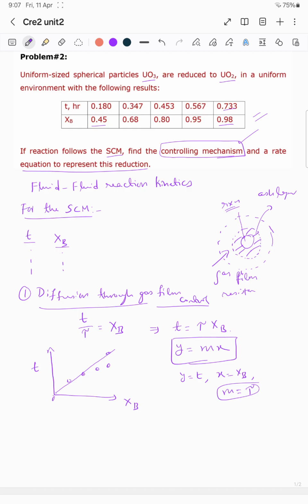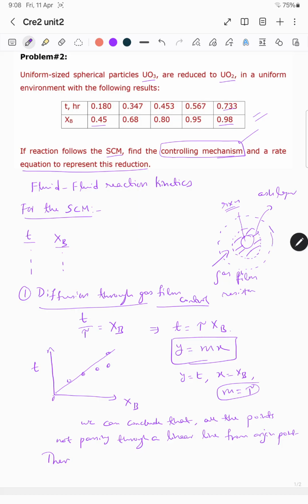From this we can conclude that all the points are not passing through a linear line from the origin point.